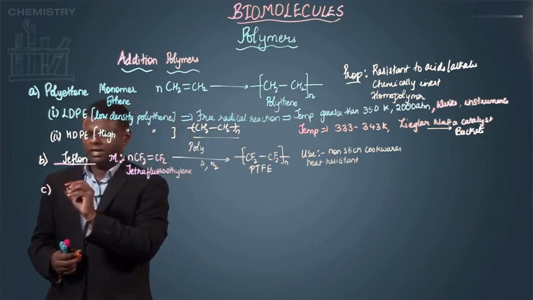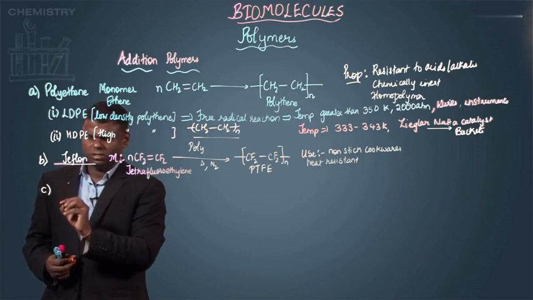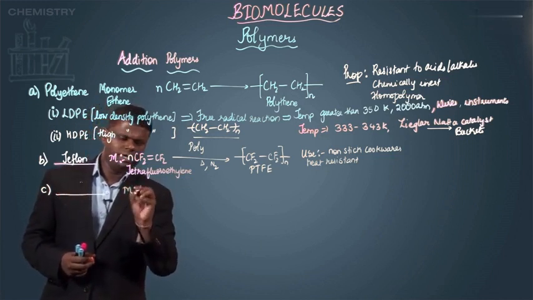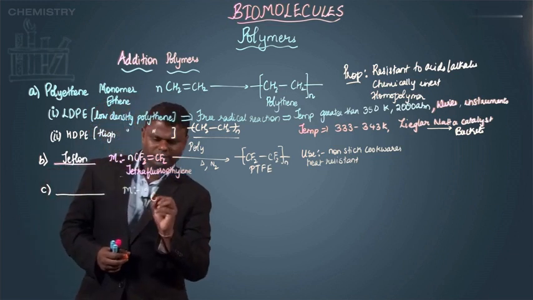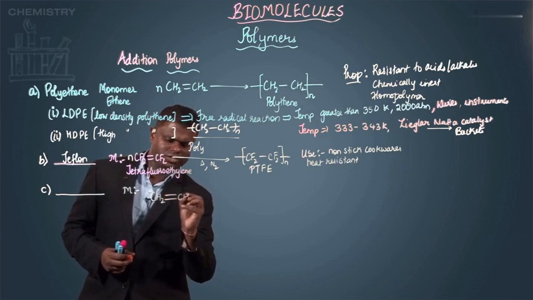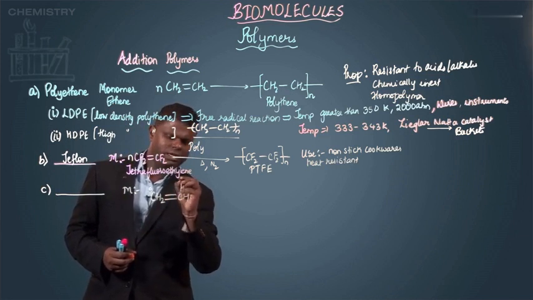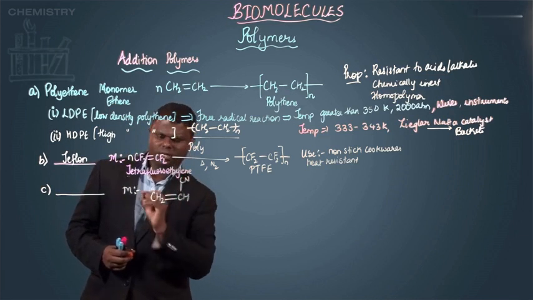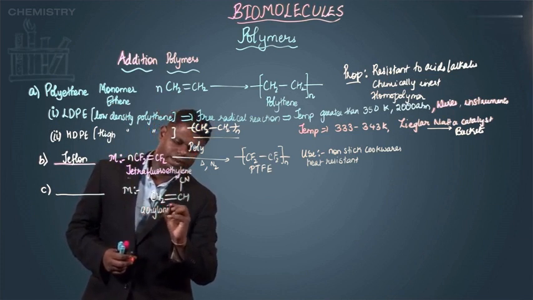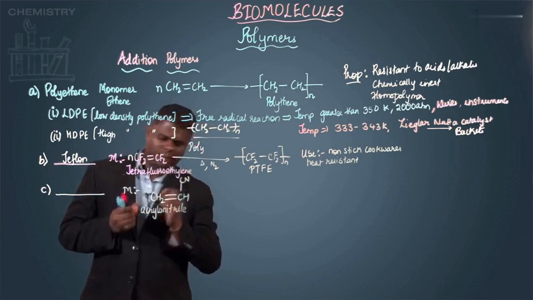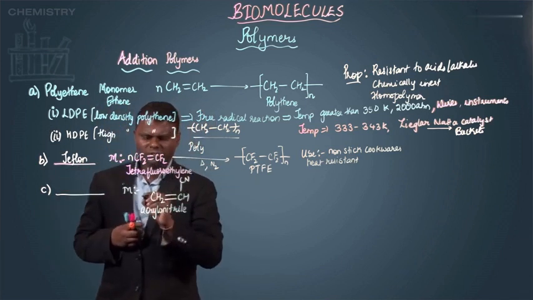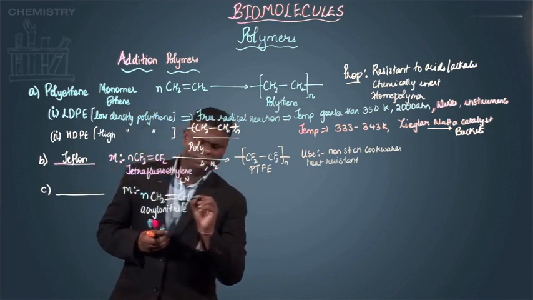Then the next one, I would leave the name blank. The monomer is something like this: CH2 double bond CH. This is the vinyl group, and then you put a cyanide here. So the monomer is acrylonitrile. Now let's write down the polymerization reaction. The first rule is to write n such molecules.